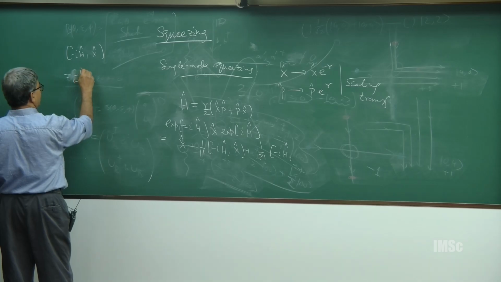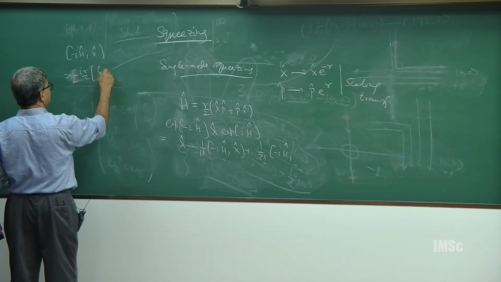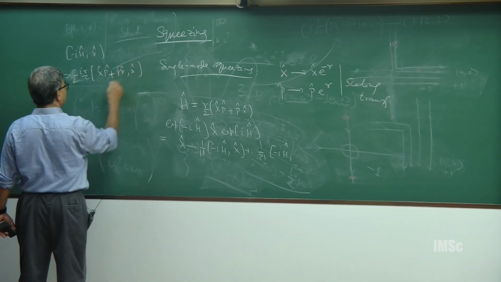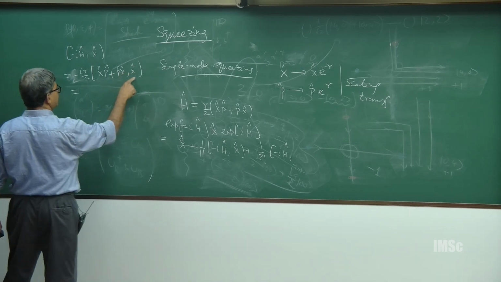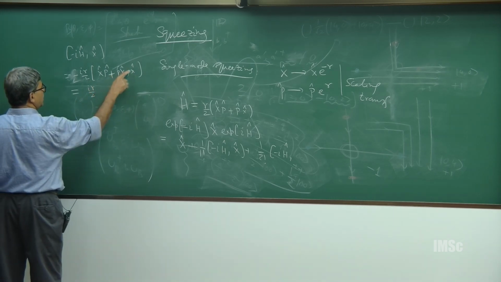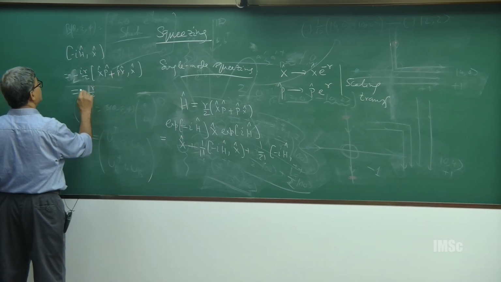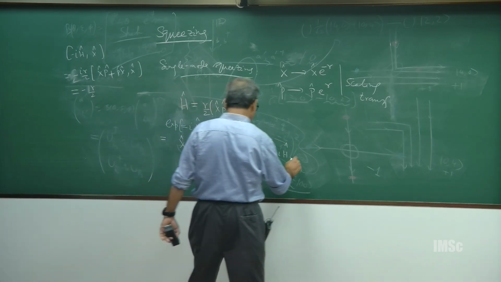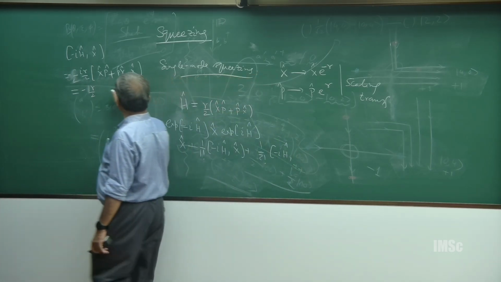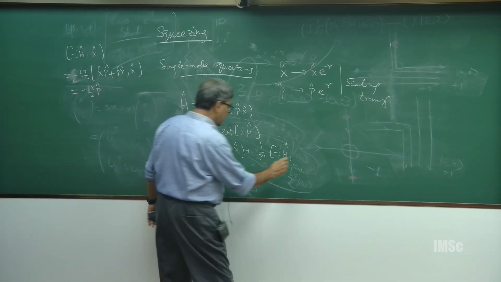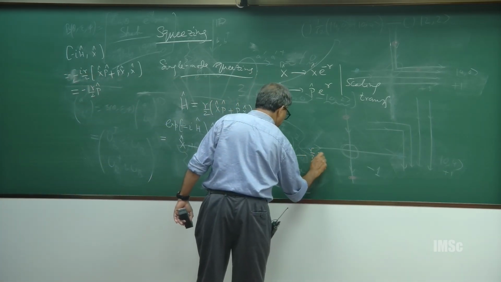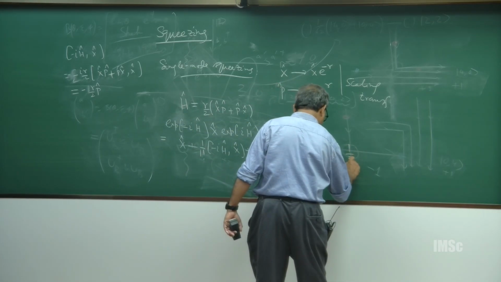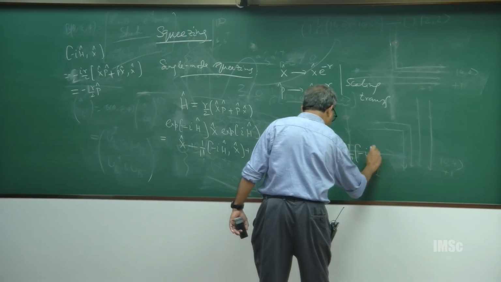Minus i r by 2, (x p plus p x), comma x. So this gives minus r by 2 p, plus 1 by factorial 3 minus i h.